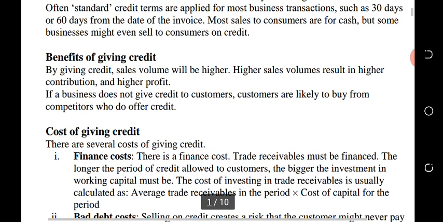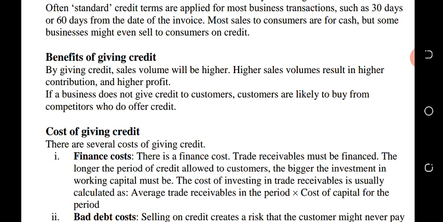Now, what is the benefit of giving credit? Why would a company give credit? By giving credit, sales volume will be higher. In most cases, when the credit period is increased, there will be an increase in sales volume, because people who want to purchase goods but don't have cash might buy when they see that credit is given by the company.